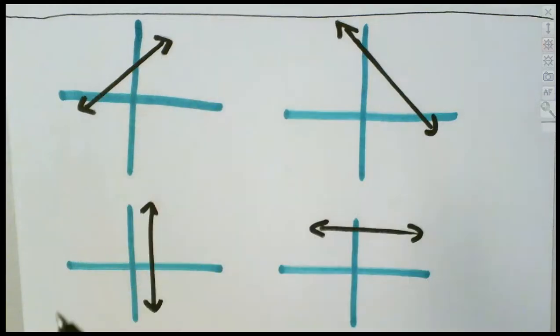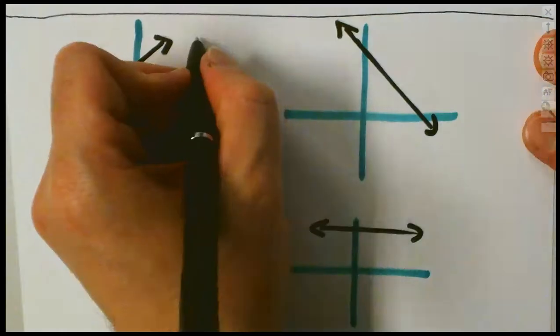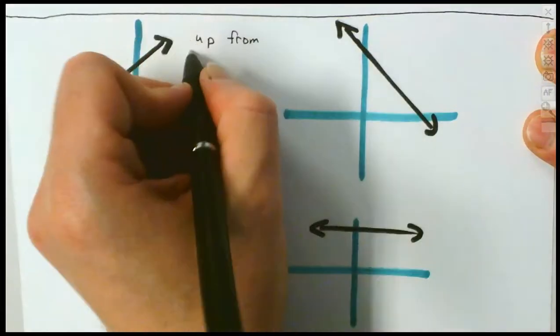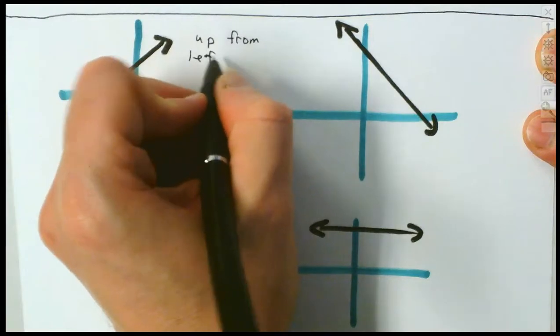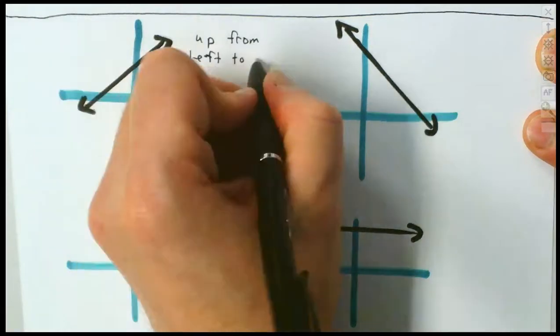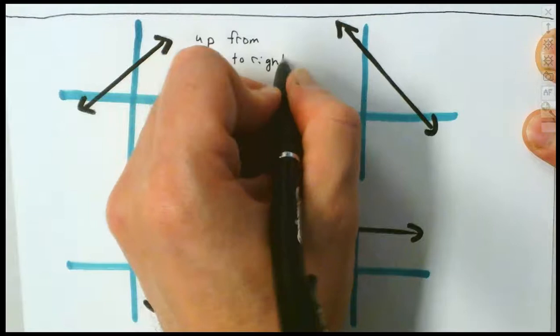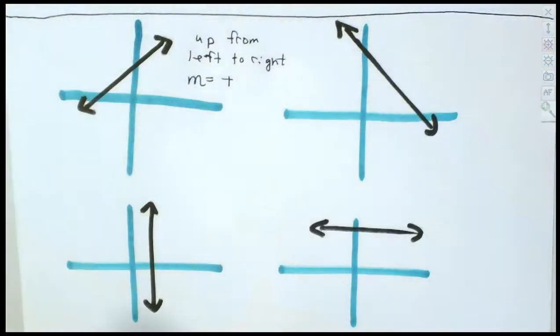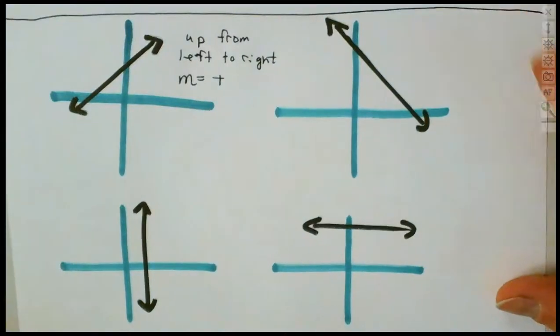And if it goes up from left to right, then your slope m is going to be positive. So if it goes up from left to right, it's got a positive slope.